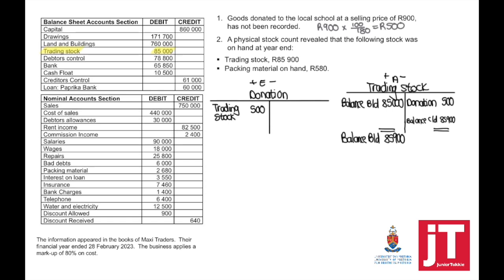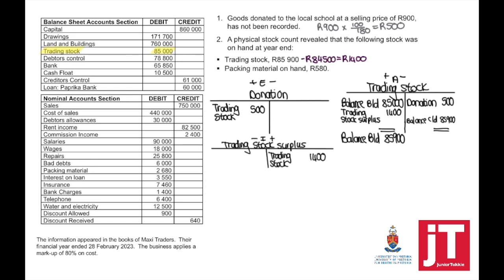If the debit side is more than the credit side, it means that there is a deficit. So if I take now 85,000 minus 500, it means that according to my books, I should have 84,500 left over. So the physical stock count indicates more. This means that the difference of 1,400 is the trading stock surplus. And trading stock surplus is regarded as an income.